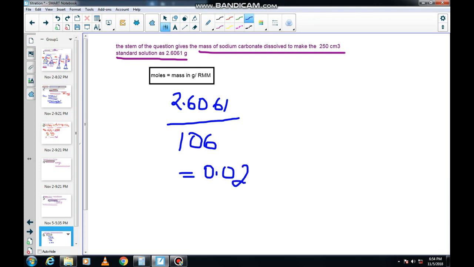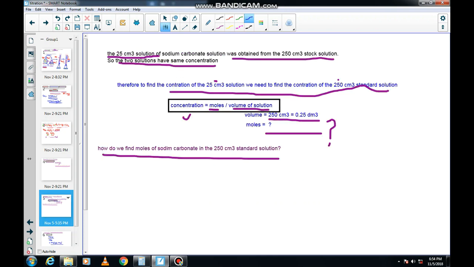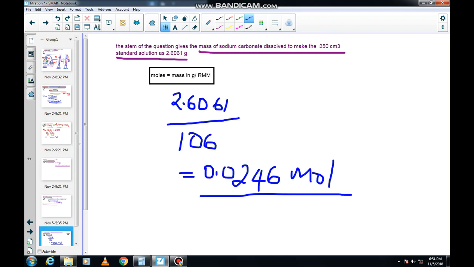0.0246. These are the number of moles of sodium carbonate that were dissolved to make the 250 cubic centimeters of solution. These are the number of moles that we want in order to calculate the concentration of the solution. Let's just confirm this answer, 0.0246. That is the same as 0.0246 that we have.